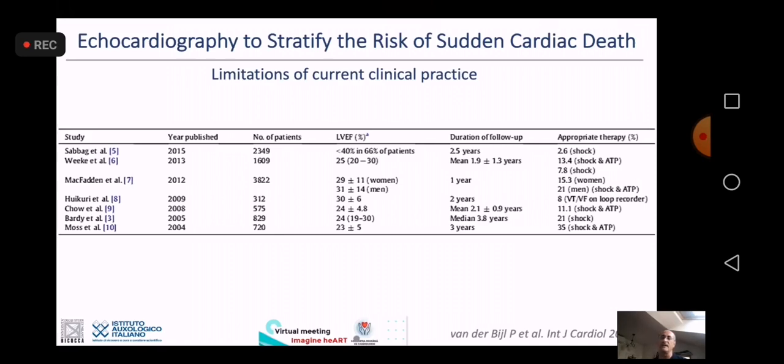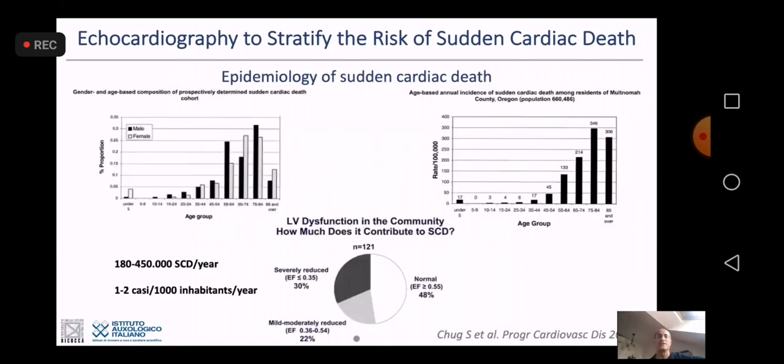Most of the ICDs never work because there is no arrhythmia to shock, and up to 12% of the patients with an ICD will experience adverse events in terms of endocarditis, malfunction, or inappropriate shock during their follow-up. So there is a problem in the appropriate selection of those patients, and what we will discuss today is how to use imaging to do that.